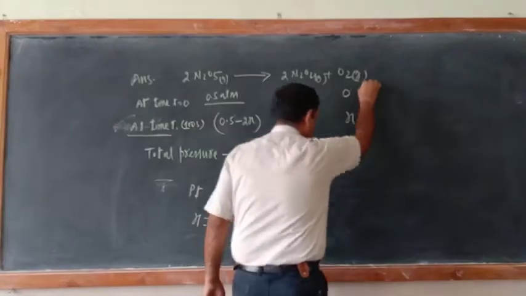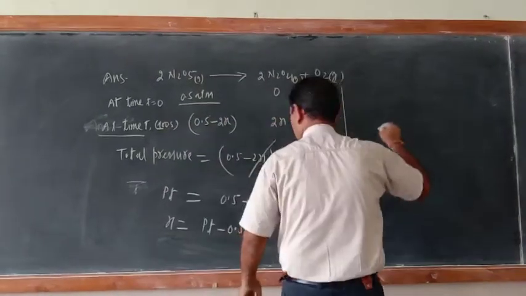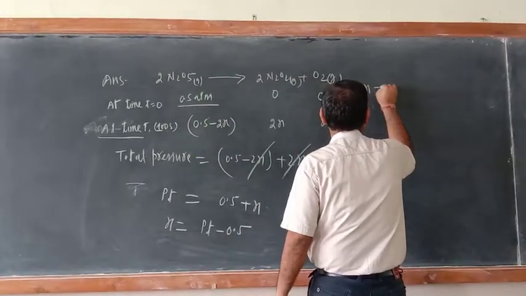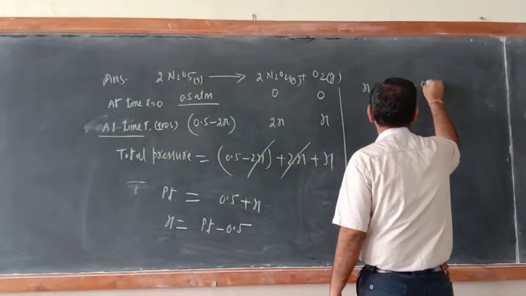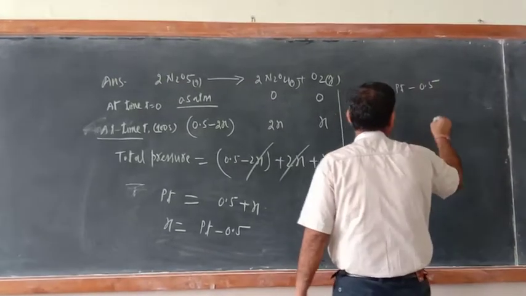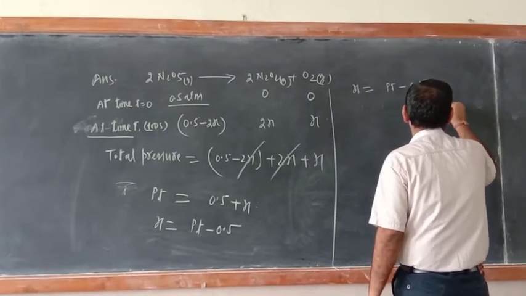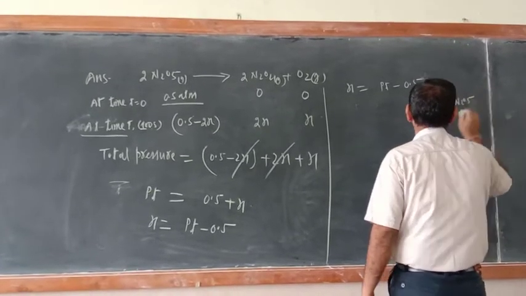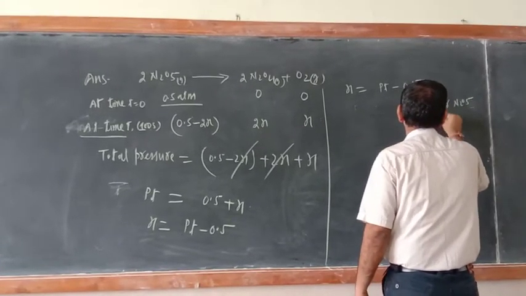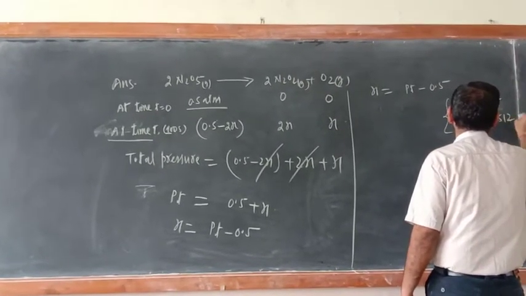Now try to understand here. To get the value of x, PT minus 0.5, that is PT value, PT for N2O5 at 100 seconds equal to 0.512.